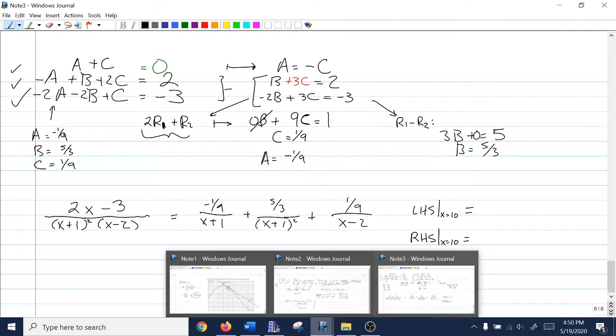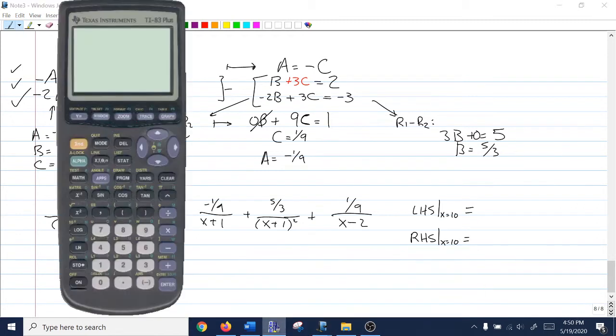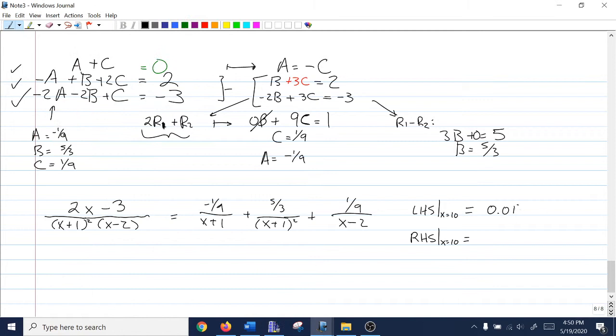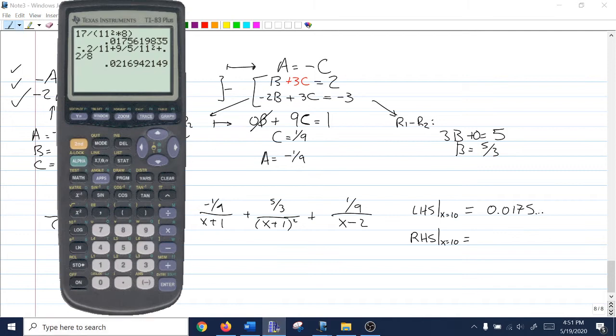Let's see, when I plug 10 into the left-hand side, I get, same thing I got before, 0.0175. When I plug 10 into the right-hand side, I get negative 1/9 divided by 10 plus 1, which is 11, plus 5/3 over 10 plus 1 squared, which is 121, plus 1/9 over 10 minus 2, which is 8.